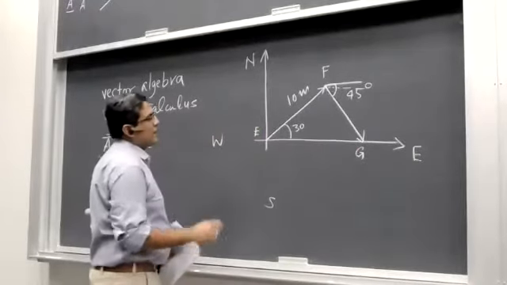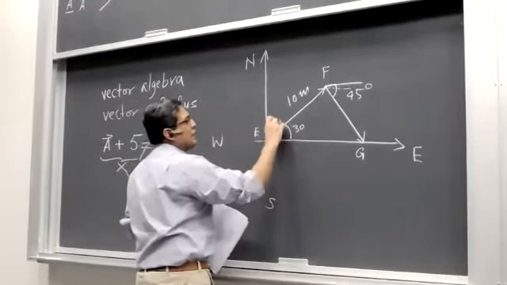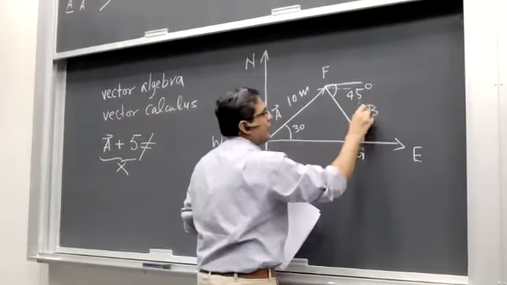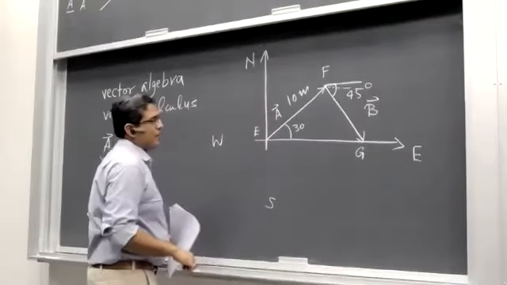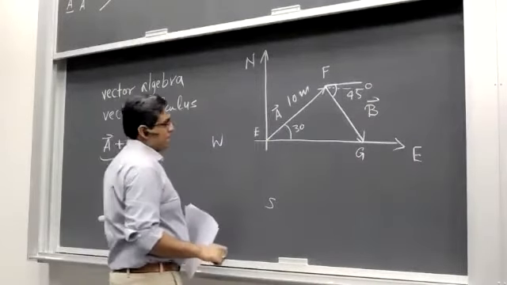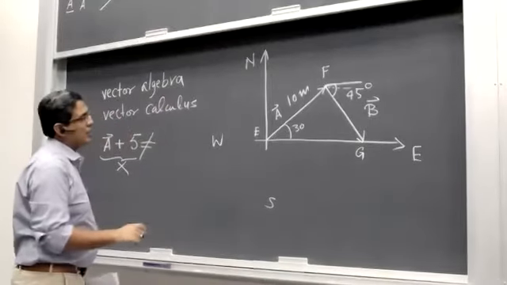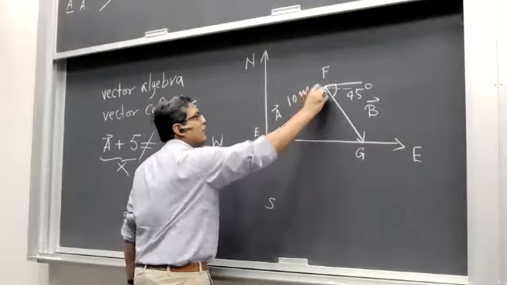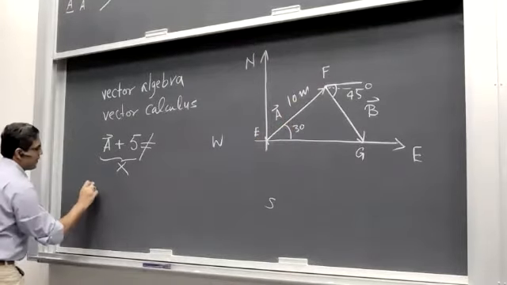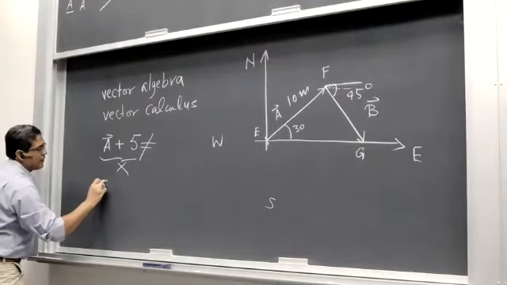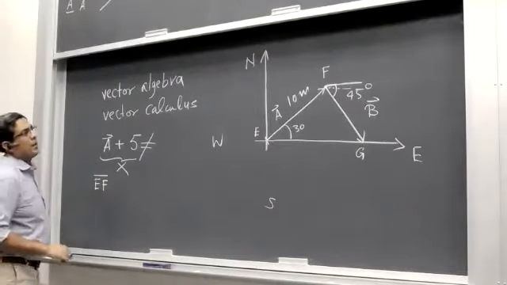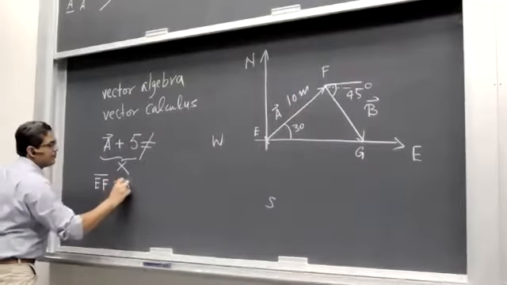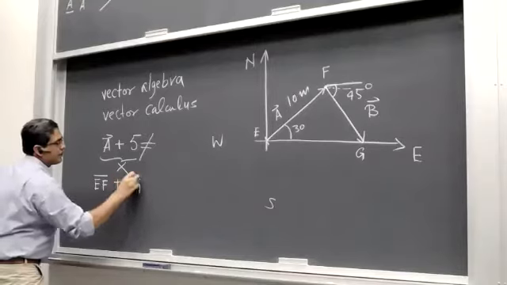So now if I represent the first path by vector A and the second path by vector B, all right? So now first let's do the scalar sum. The scalar sum would be the distance traveled from E to F plus the distance traveled from F to G. All right.